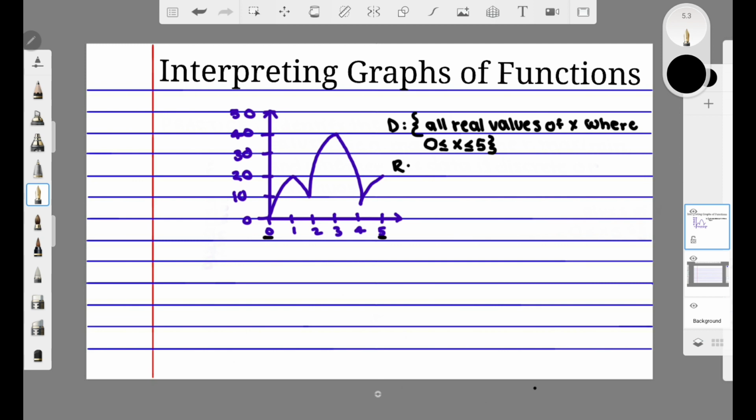And for range, all real values of y, where y also starts from 0. And for this one, the greatest value is 40.